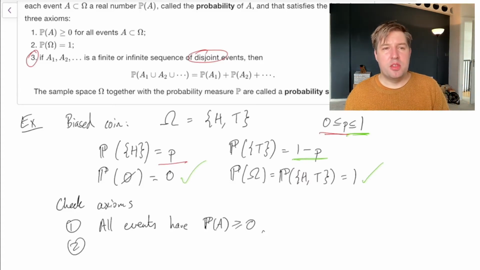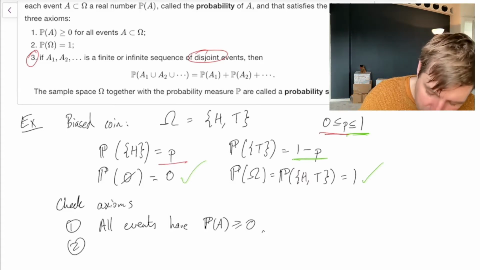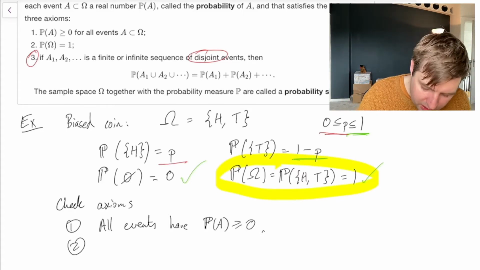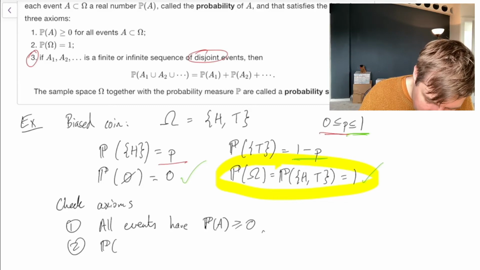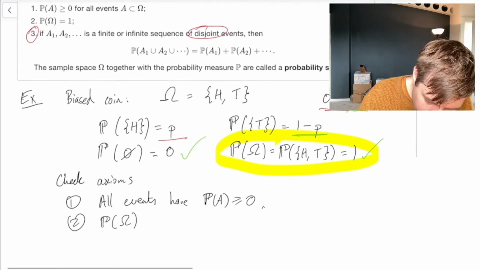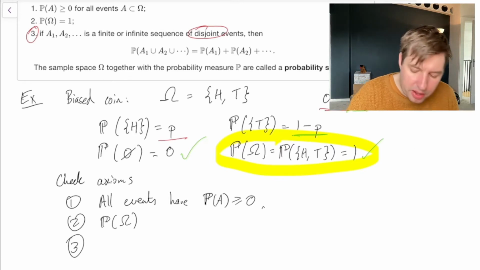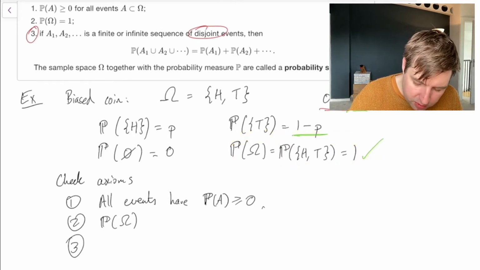The second axiom is that the probability of the whole set is equal to 1. And hey, look, the probability of the whole set is indeed equal to 1. So we obey the second axiom. And the third axiom is this trickier one about unions and disjoint unions.